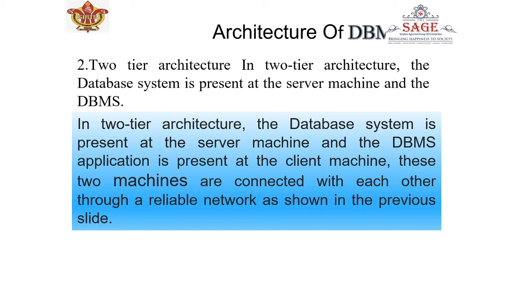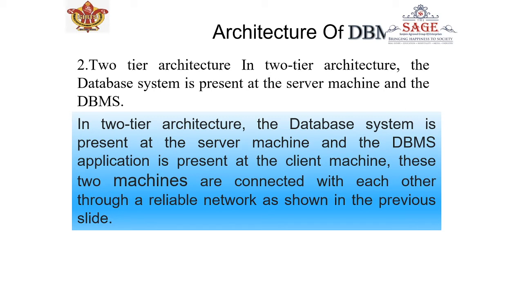These two machines are connected with each other through a reliable network, as we can see here. When our client machine makes a request to access the database present at the server using a query language like SQL, the server performs the request on the database and returns the results back to the client. Application connection interfaces such as JDBC and ODBC are used for the interactions between server and client.